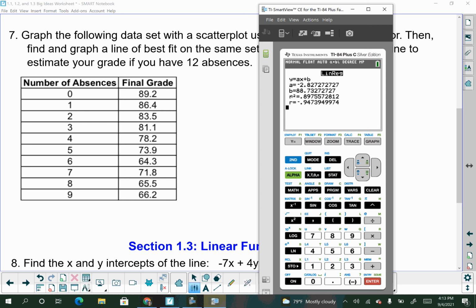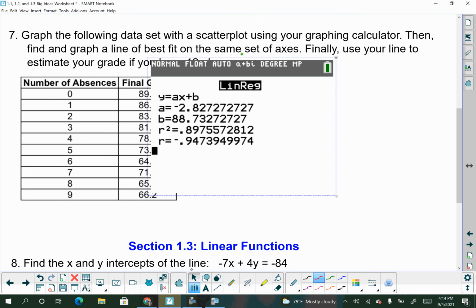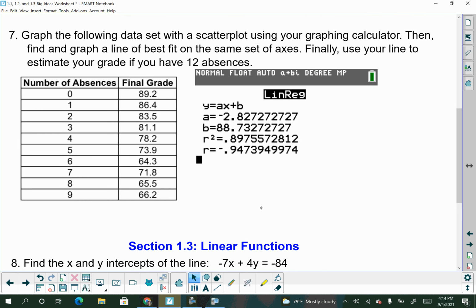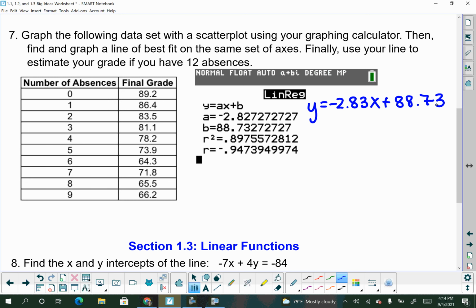Now your calculator might not have R's there, that's not a big deal, but you should have A's and B's, so that's what we're looking for. So that means, I'm going to drag this over so I can write on it. Our equation, we're going to fill in that a and b, is y equals, a is negative 2.83, I'll round to 2 decimal places, in front of the x, plus 88.73.